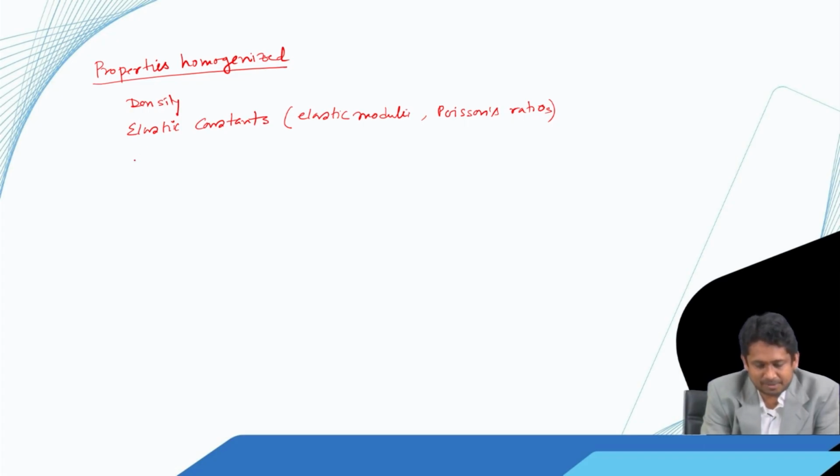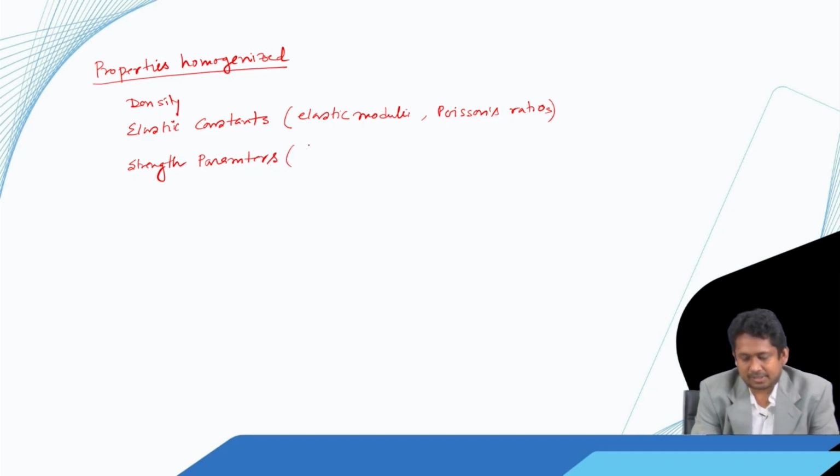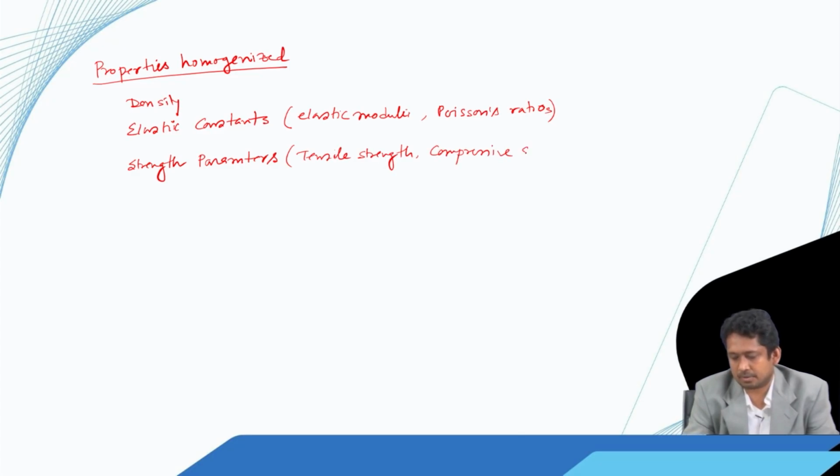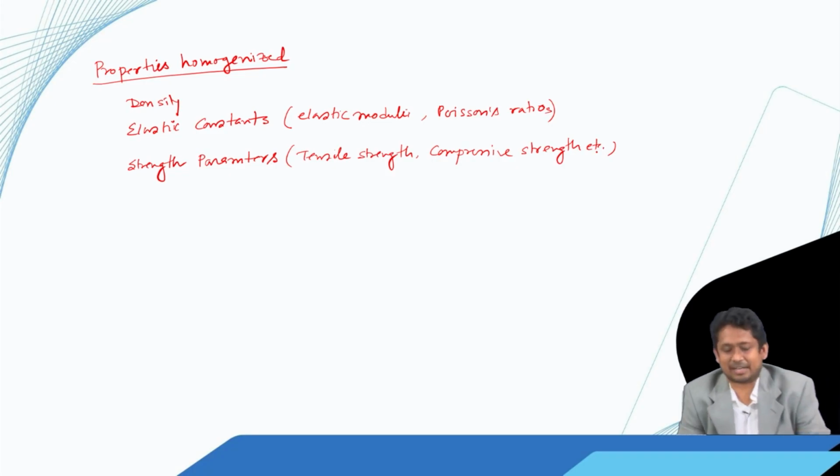Then there can be strength parameters. For example, this can be tensile strength, compressive strength, and so on. Etc. Now, again these materials are anisotropic.